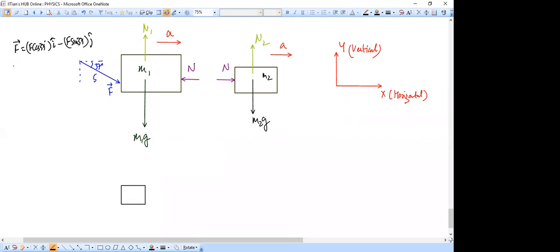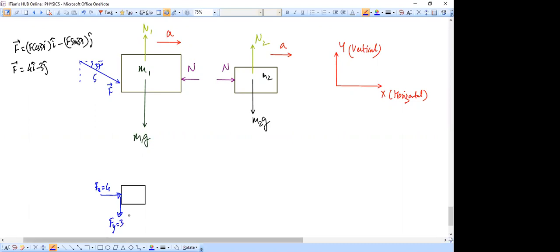So this force will have an x component which is 4 and a y component which is minus 3. So when I show it in resolved form over here, this will show an x component of 4 and a y component of 3.